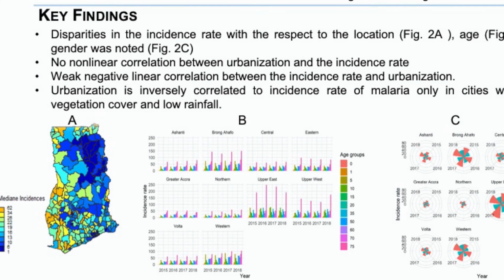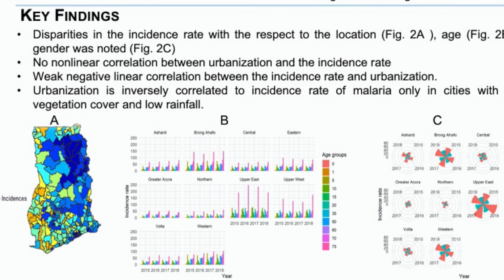Figure 2b shows that there is an increase in the malaria incidence rate over the years, with the highest incidence recorded for the age group 16 to 75, while the lowest incidence rate is recorded for children below 5 years old, regardless of their location.